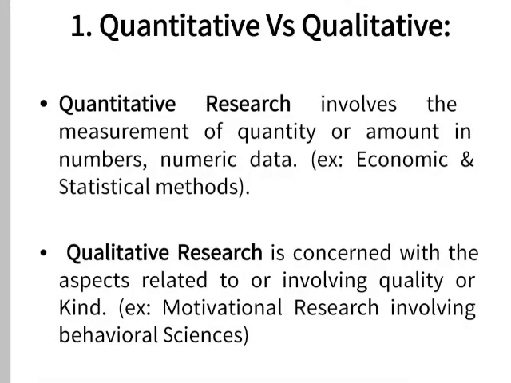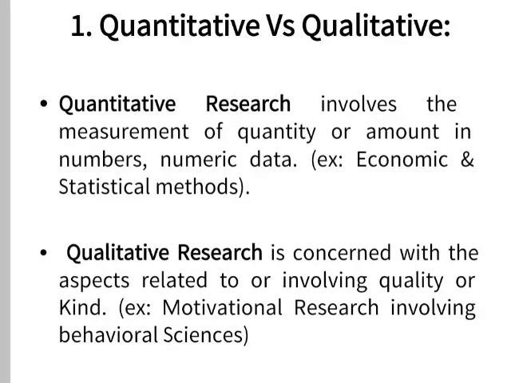Quantitative research involves the measurement of quantity or amount in numbers. It has numeric data. For example, economic and statistical methods. Means quantitative research is that type of research in which we can measure the data in numbers. We can analyze the data on SPSS, and later we can report the results in percentages or frequencies, means in the form of numbers.